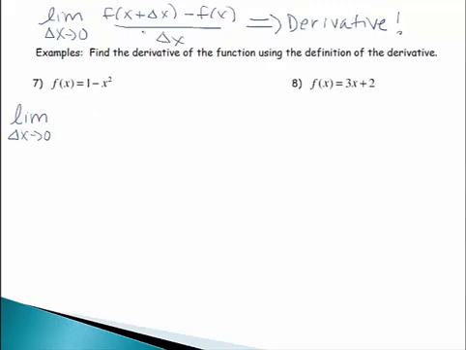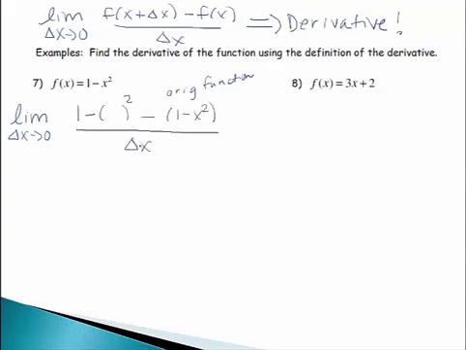And then what I'm going to do is plug in x plus delta x wherever there's an x. If you remember back in the day, I used to do this. Minus the original function, all over delta x. So what am I going to put in its place? I'm going to replace it with x plus delta x.